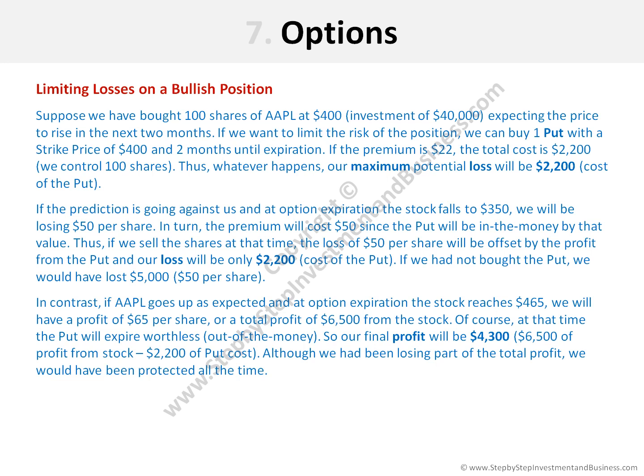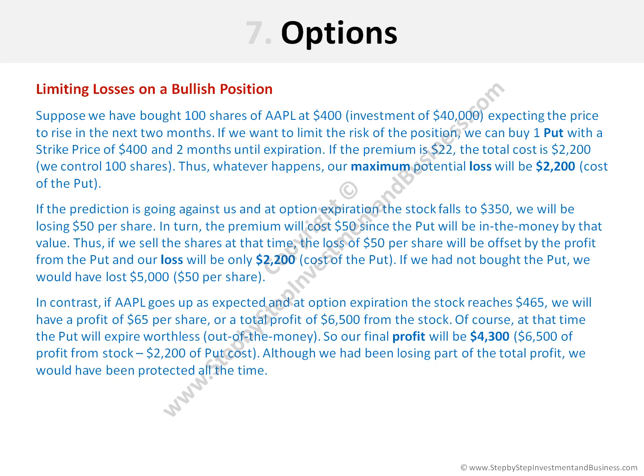In contrast, if Apple goes up as expected, and at option expiration the stock reaches $465, we will have a profit of $65 per share, or a total profit of $6,500 from the stock. Of course, at that time, the put will expire worthless, that is, out of the money.